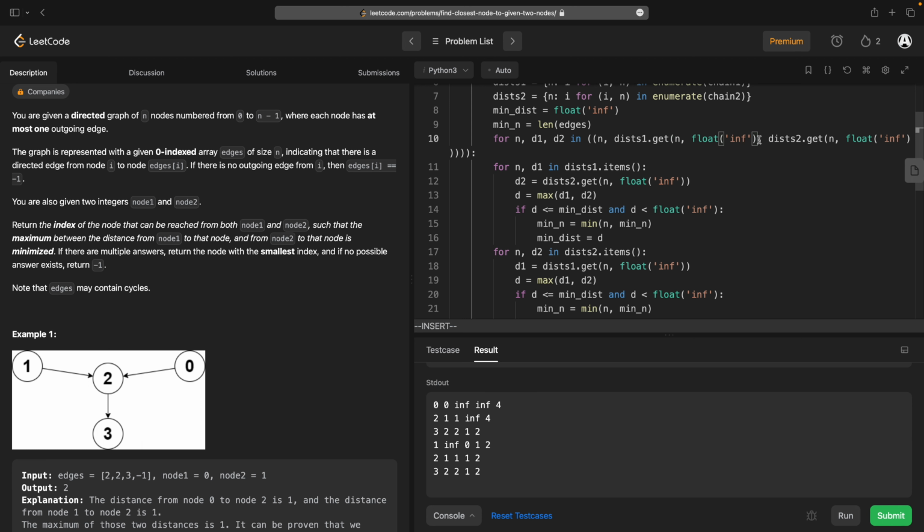Oops, I got a parenthesis in the wrong place there. For n in range len edges.